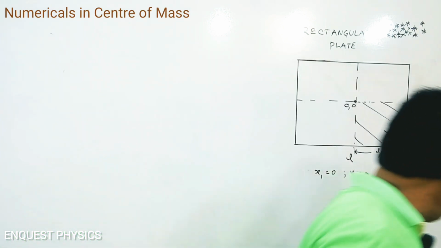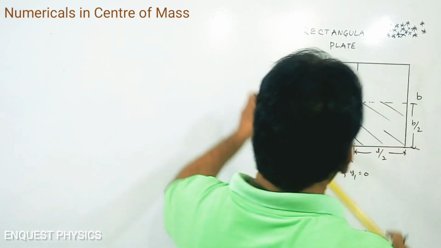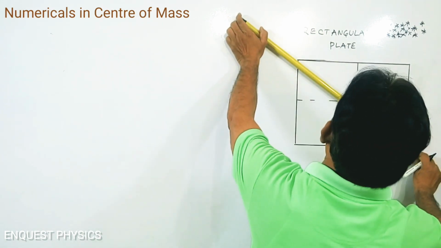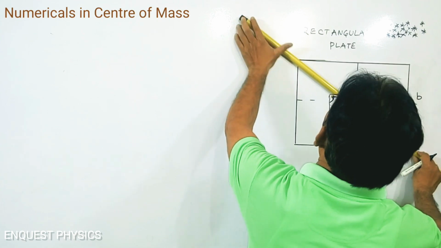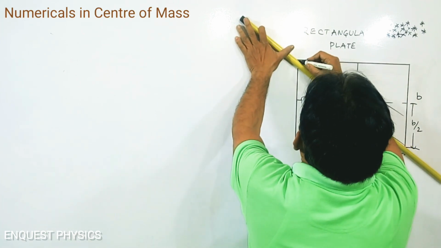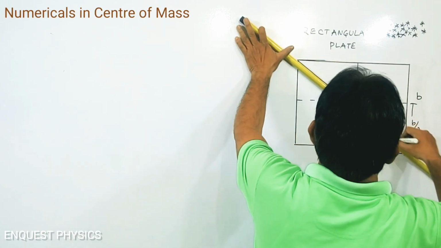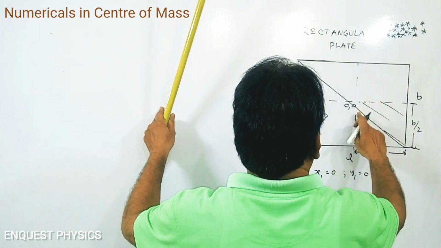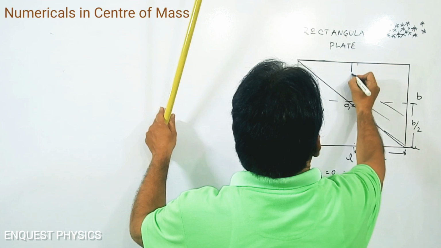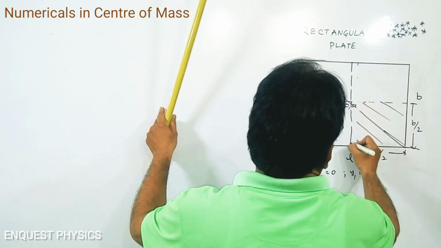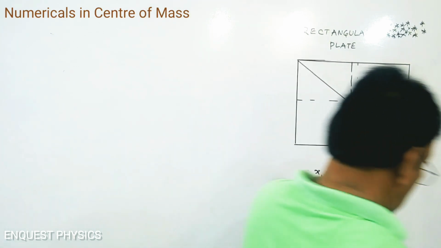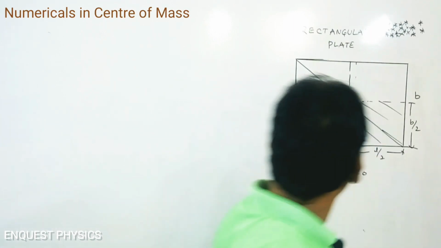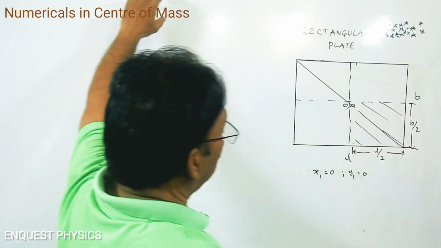Here the same thing will happen. Once again, the center of mass always shifts towards the heavier mass. In this case, it is a rectangular plate, and it shifts towards the heavier mass.